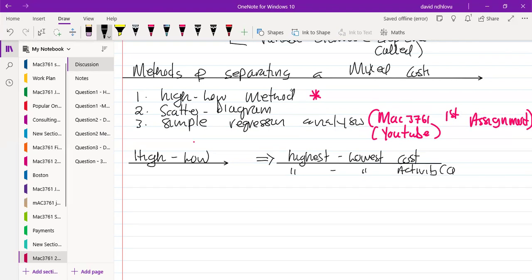Activity here is as good as quantity or output. So this is the formula that you use, and the answer that you are going to get will be your variable cost per unit.